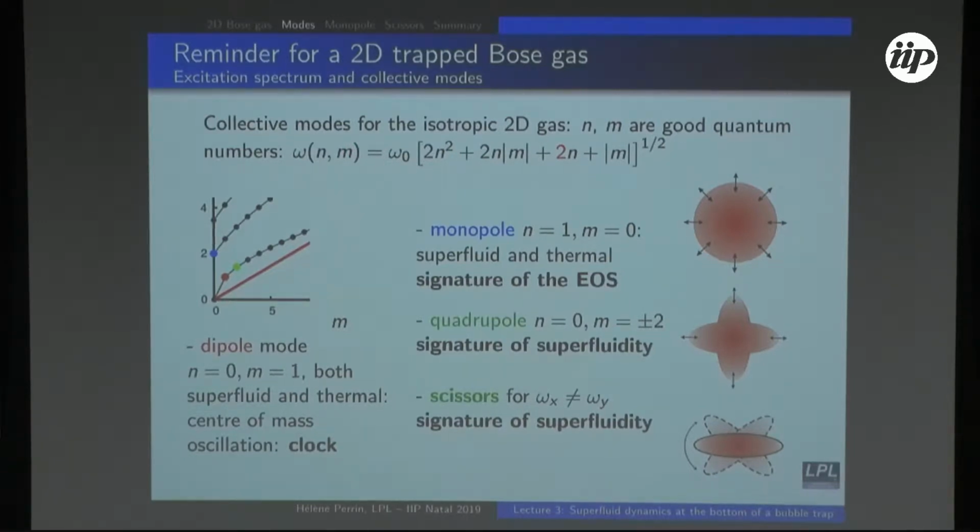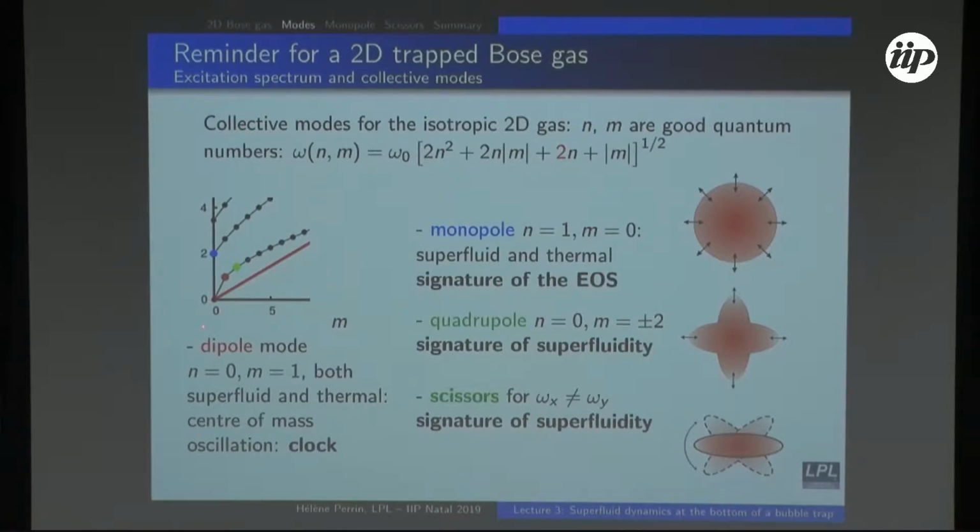And the spectrum is given by this expression at low energy. So the lowest energy mode is the dipole mode, for which n is 0 and m is 1. It corresponds to the center of mass oscillation in the trap. And of course, there are two of them in two dimensions, which are degenerate. So m is plus 1 or m is minus 1, with n equal to 0.